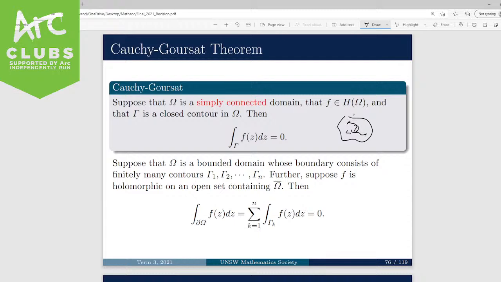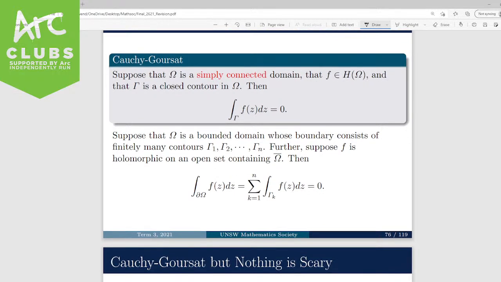Your f is holomorphic over that thing, so it's differentiable over that entire domain, and your gamma is a closed contour in that omega. So its initial point is its final point. Then, if all those conditions are beautifully satisfied, that's pretty powerful. The integral of your f just ends up being 0. That's amazing. That's a more special case.